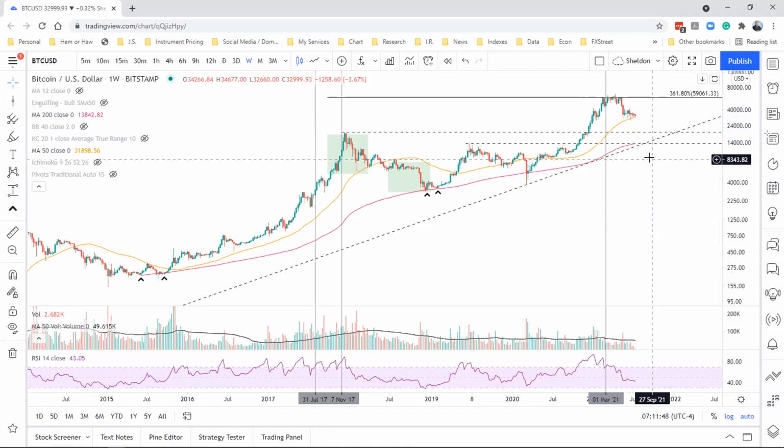If we hold the 50-week simple moving average and the 12-month simple moving average, like we are right now, everything is fine. But if we go below that, then it's vulnerable to a lot of different outcomes, all of which are notably bearish.